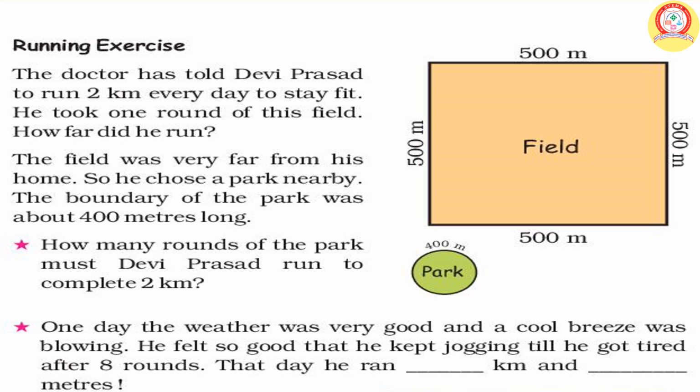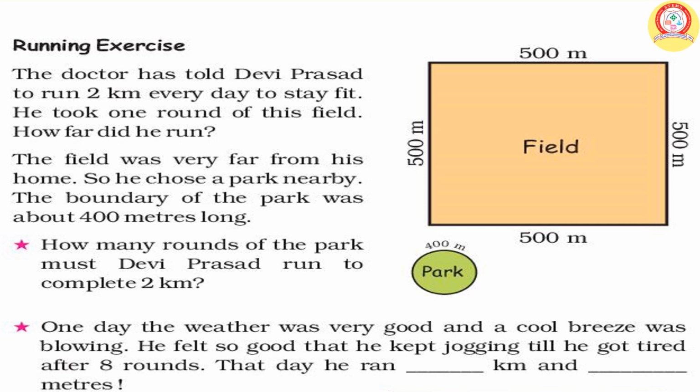Okay children. Now in the next question, they are asking, one day the weather was very good and a cool breeze was blowing. He felt so good that he kept jogging till he got tired after 8 rounds. That day he ran dash kilometer and dash meter. So children, how many kilometer did he run?